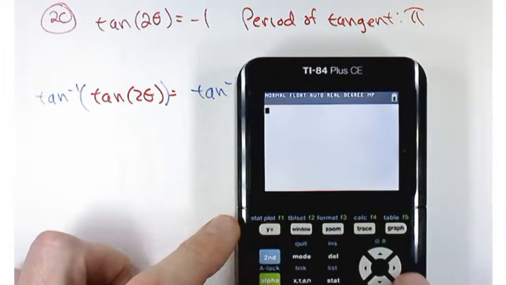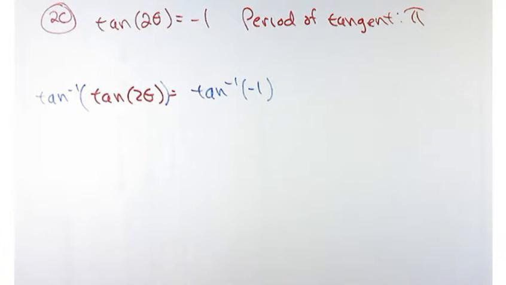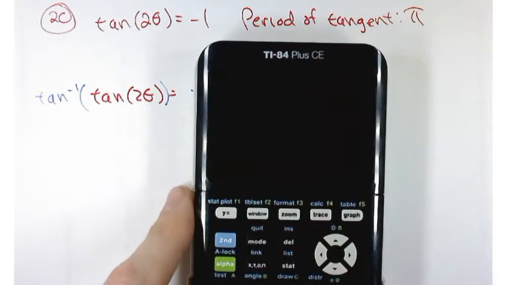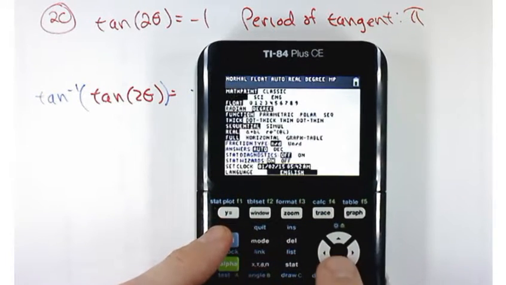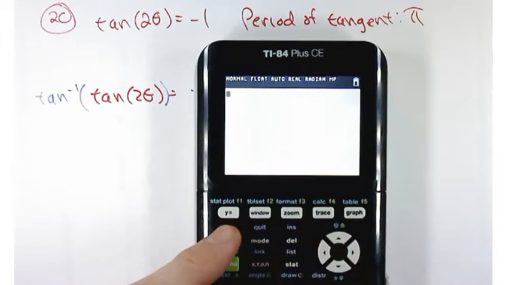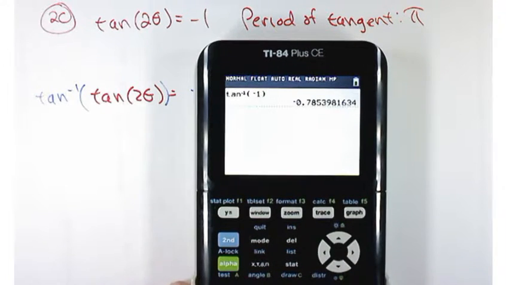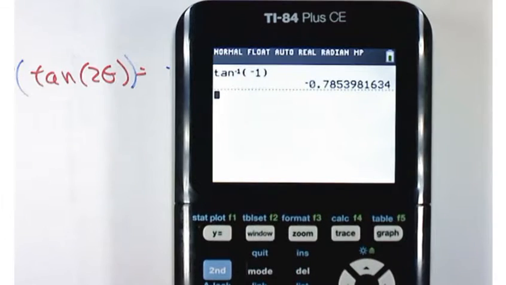Because if you have it in radian mode, you just might not recognize it. And that's fine. But it's probably easier to recognize this in degree mode. Let's change this over to radians. Inverse tangent of -1, and it gives me -0.785. That's in radians.